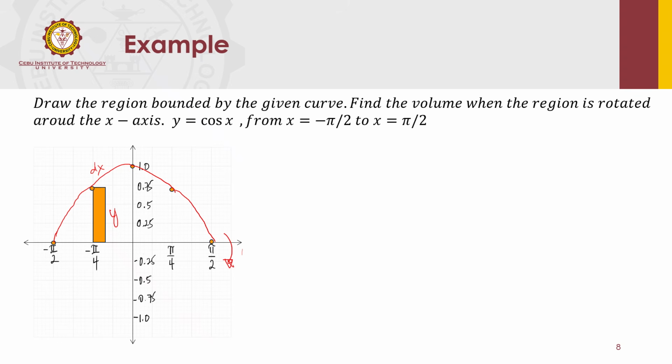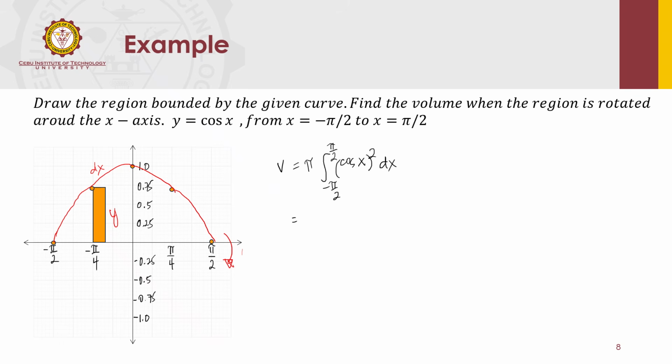So we set up the integral: we put pi outside, and then the radius is y of the trigo function, in terms of x, that's cosine of x, quantity squared times dx, and we have negative pi over 2 to pi over 2 for the limits.